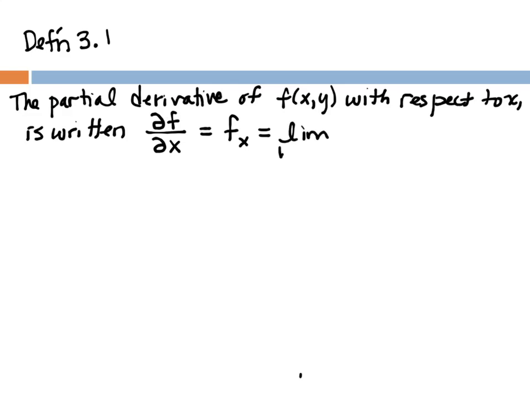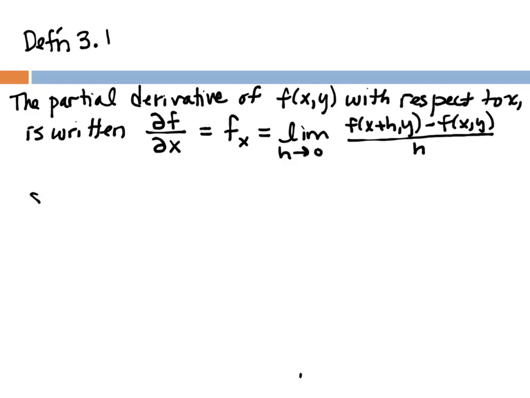But this is the limit as h approaches 0 of f of x plus h comma y minus f of x y, all over h. You'll notice the only place that I have a plus h is with the variable x, because I'm holding the y as a constant. It's not changing, so it's acting like a constant.